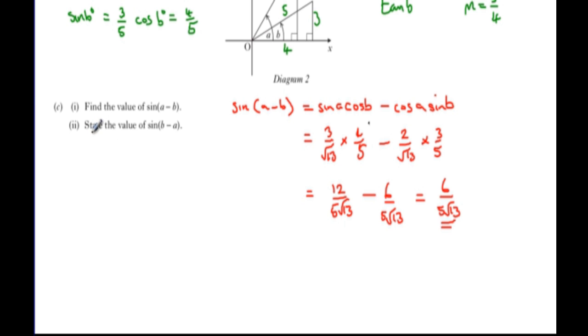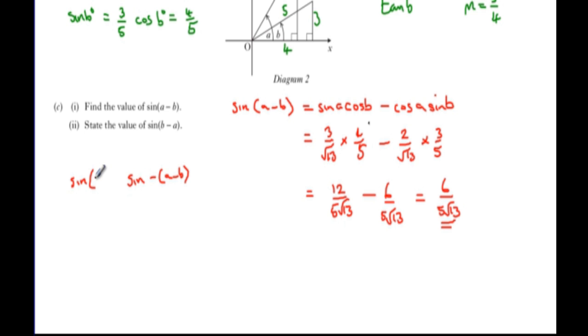We're then asked to state the value of sine of B minus A. Now the fact that it says state means we should be able to write it down, so this should be fairly easy. If we spot that this is actually the negative of that first angle, sine of negative A minus B is exactly what we're being asked for.